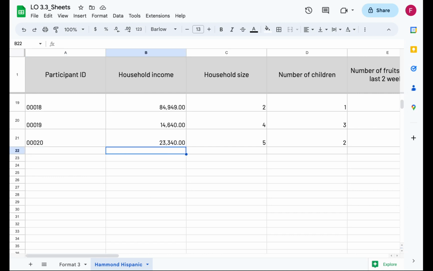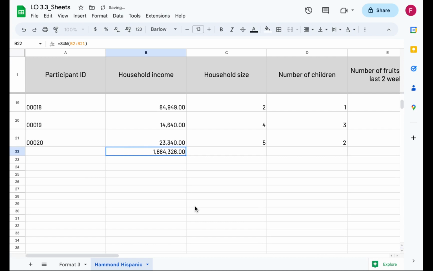To do that, I can type in the equal sign, because you always need the equal sign as a way to indicate to Google Sheets or to Excel that I want to make an addition right now. As you can see, it has already automatically done it for me, and it even came up with that figure. If this is the sum that I want, that's it. I don't have to do anything beyond that.